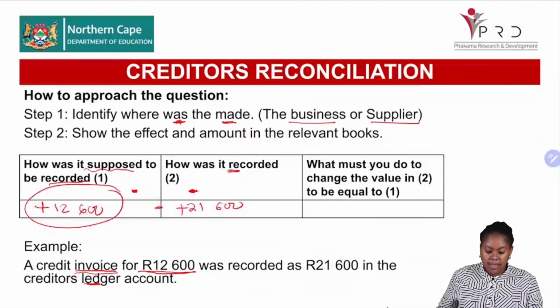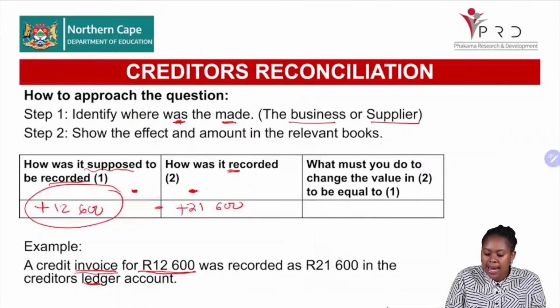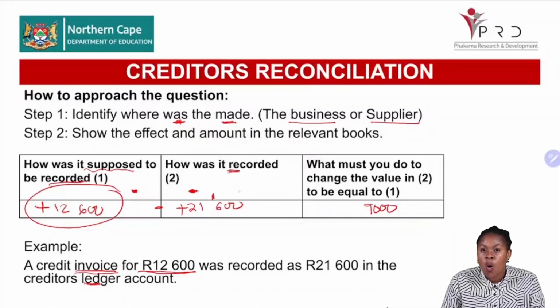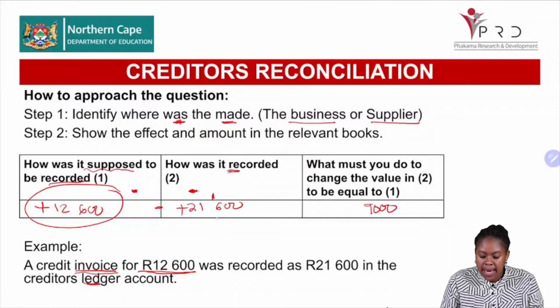You will find the difference, okay? 21,600 subtract 12,600 will give you 9,000. That is the difference. Now, the question I want to ask you is, is this amount understated or overstated? This amount is overstated, right? So then I need to subtract 9,000.